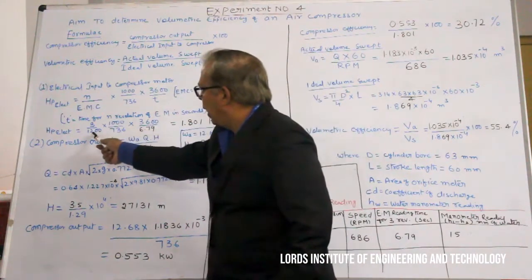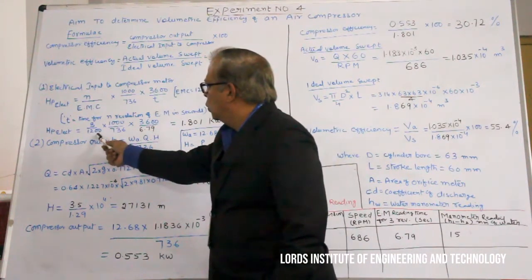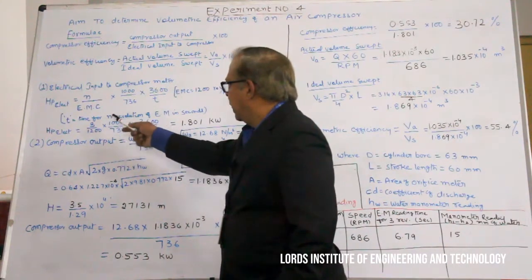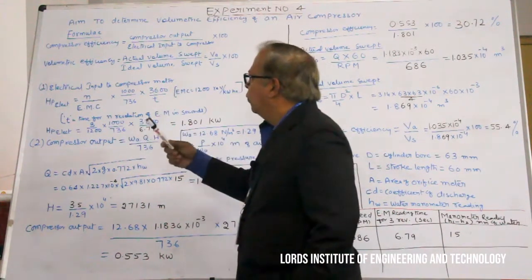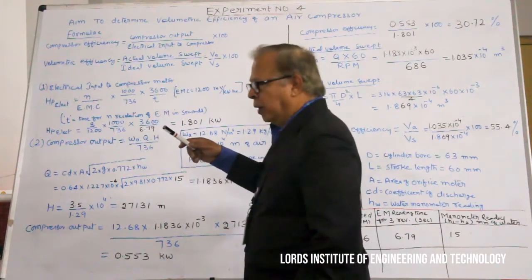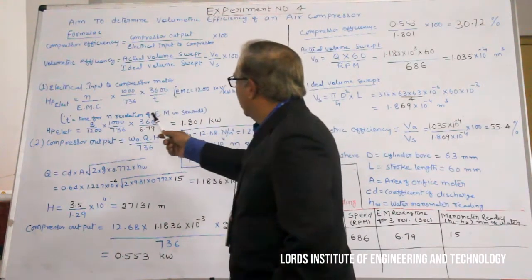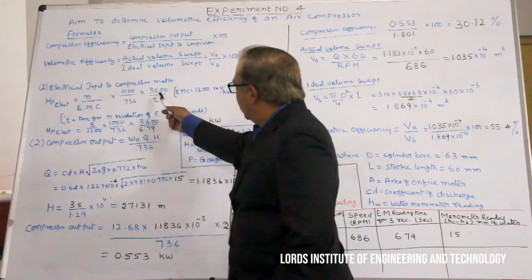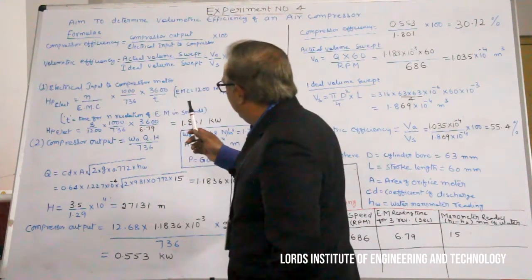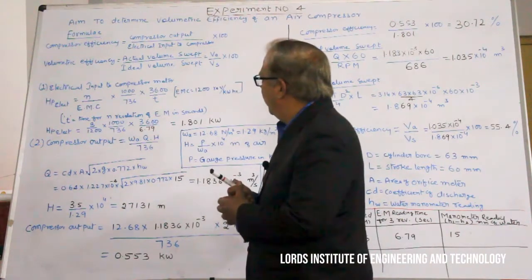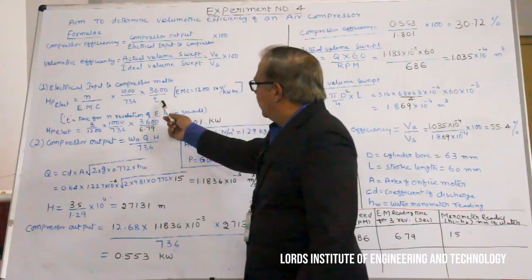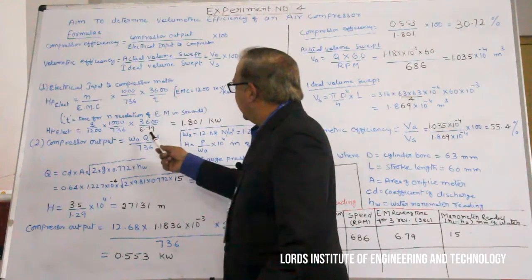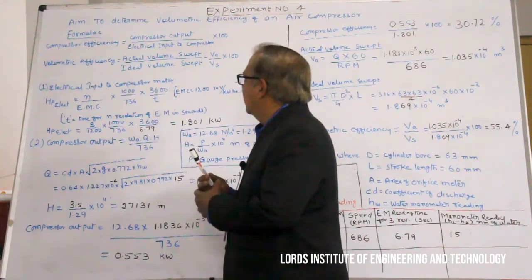So this constant value we put here: 1200 into 1000 divided by 736. Again these are constants to convert electrical HP into kilowatt. Then into 3600 by the time taken. Here only one variable is the time, because we have taken this reading for 3 rotations. So the time taken is 6.79 seconds.